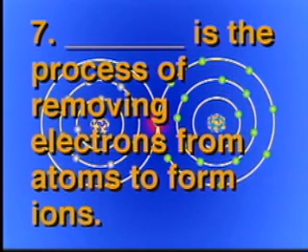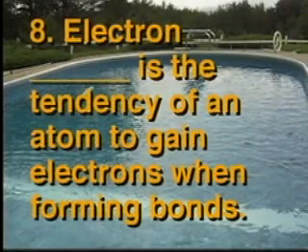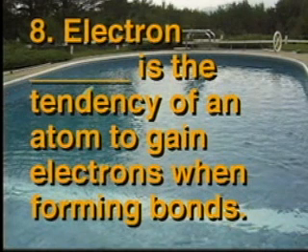Number 7. Ionization is the process of removing electrons from atoms to form ions. Number 8. Electron affinity is the tendency of an atom to gain electrons when forming bonds.